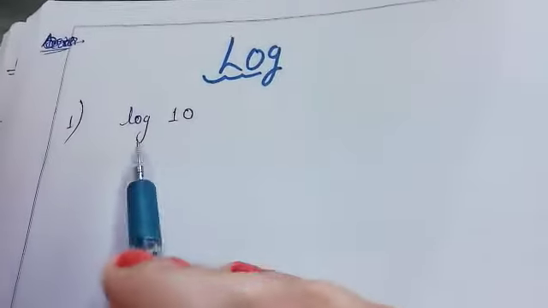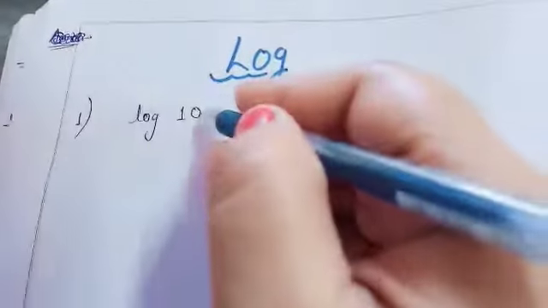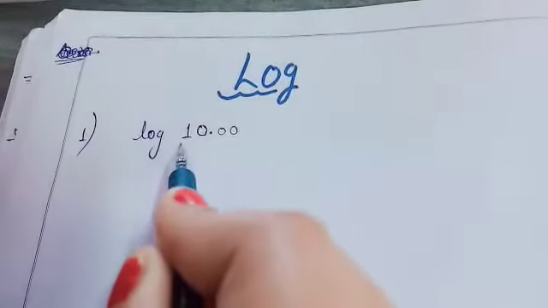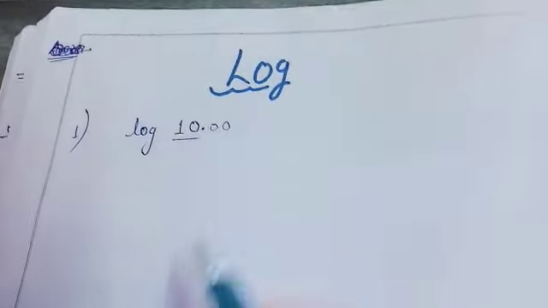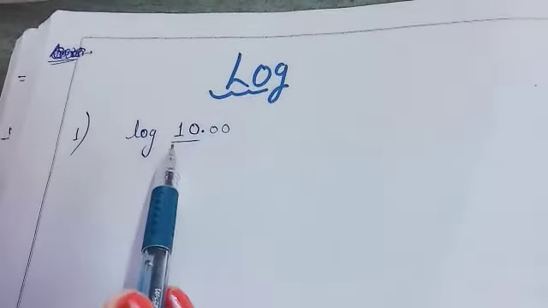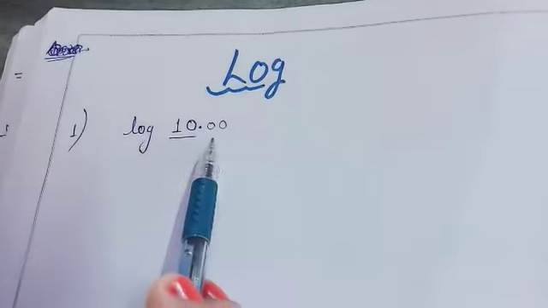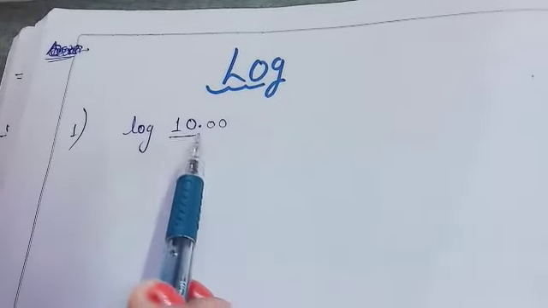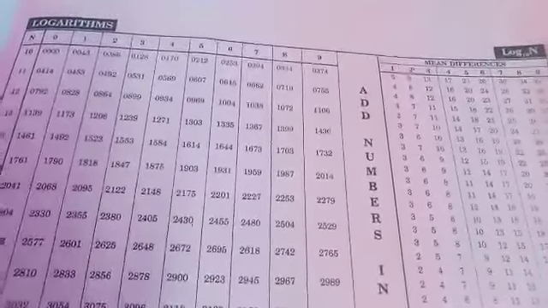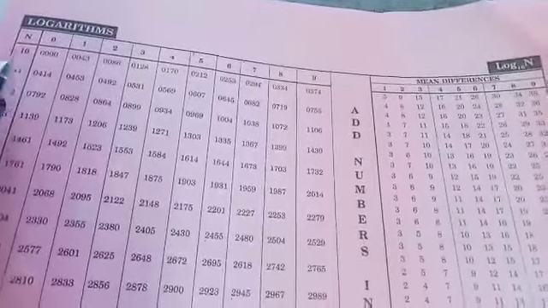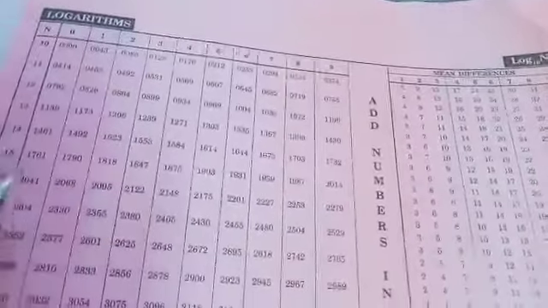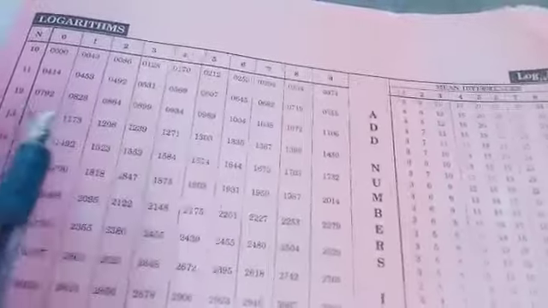Okay, now just see, log 10, we can write like this, log 10, that one is 10.00. It's the same thing. So you have to see the value of this log 10, 2 digits, you have to see the value of this in the third one, means you have to see the value of 10 in 0. Now just see, you have this table, it's a logarithm table. Now in this one check numbers given 10, 11, 12 and so on, up to 99 is given to you.